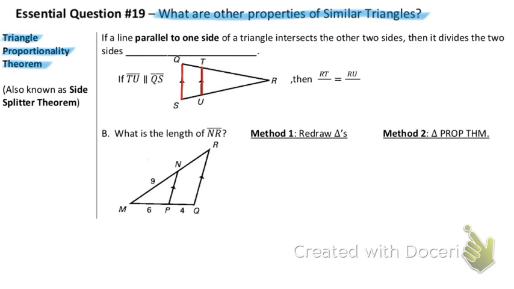What this theorem says is the sides that they intersect, so these sides in purple, they get split proportionally.